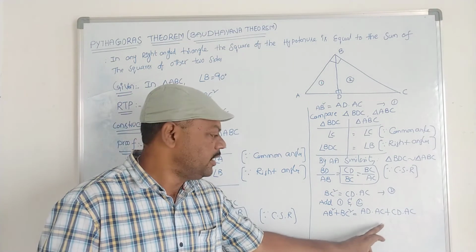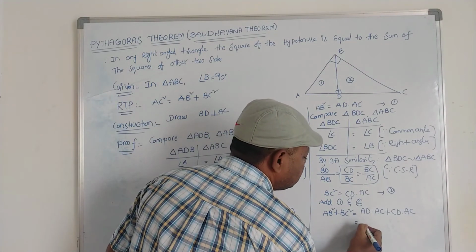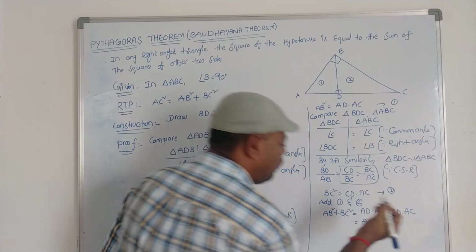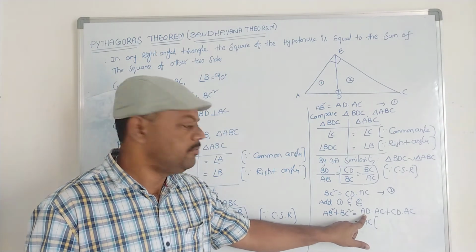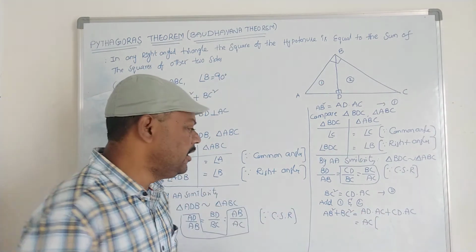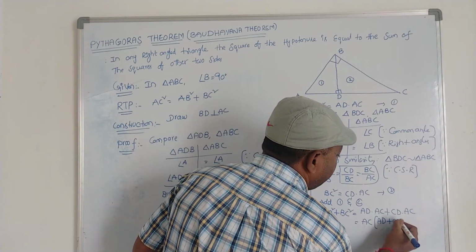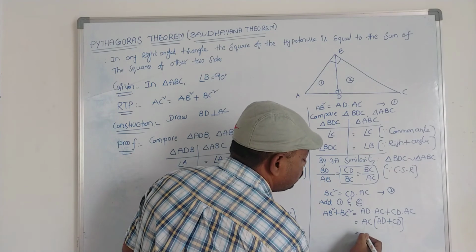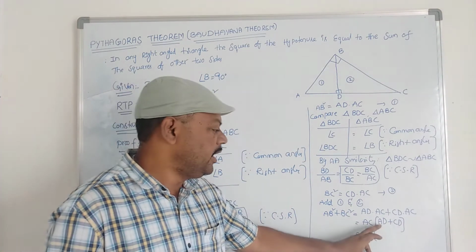Taking AC common, the remaining values are AD and CD, so AC into AD plus CD.